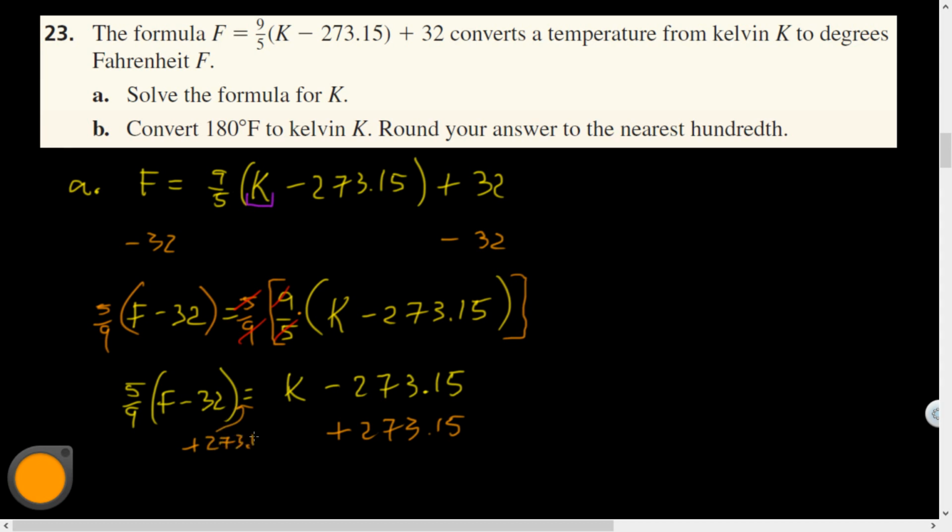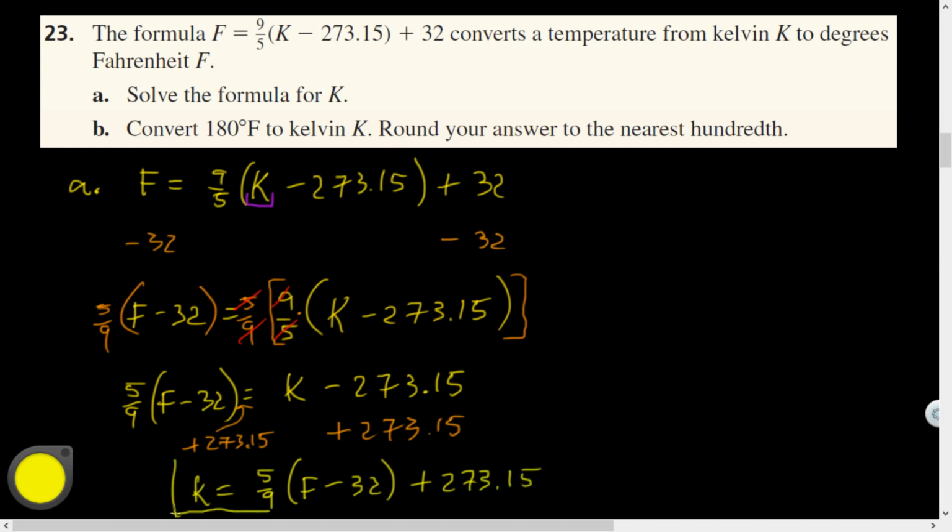So plus 273.15. I will get, let's flip it around all in one go, K equals 5/9 (F minus 32) plus 273.15 outside the parentheses.